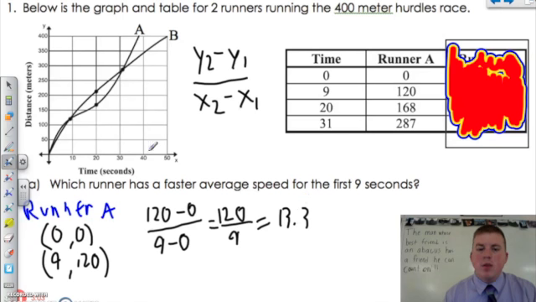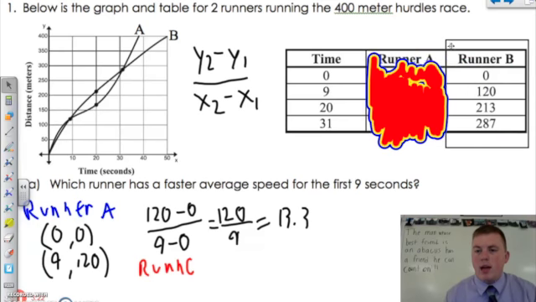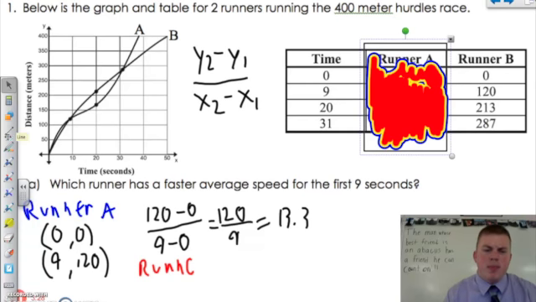Alright, so what I want to do now is look at runner B. I'm also going to need ordered pairs for him. And I'm going to do the opposite of what I did when I looked at runner A. This time, I'm going to cover up runner A, and I'm going to look at just the time and runner B. So I'm going to look at ordered pairs again.